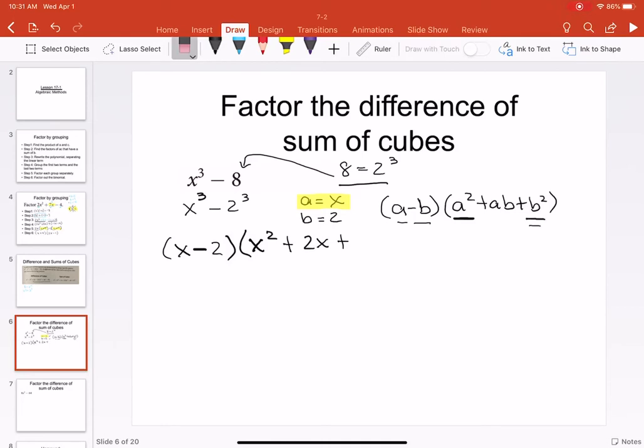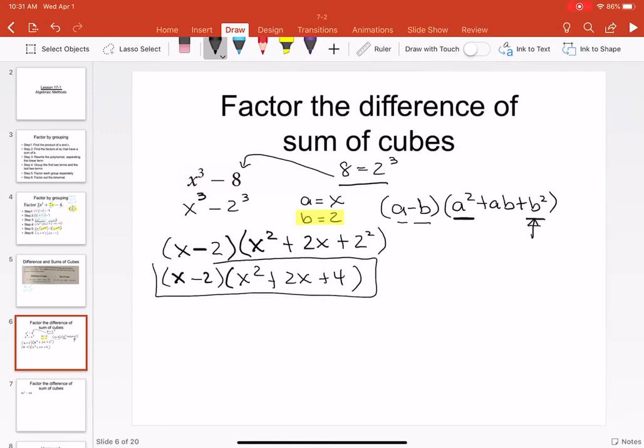B is 2, so I have to square it, because the formula tells me to substitute in my 2, which is B, and then square it. Then I can clean this up and rewrite it as x squared plus 2x plus 4. And that is how you factor the difference of cubes. This one's the difference because we're doing subtraction.